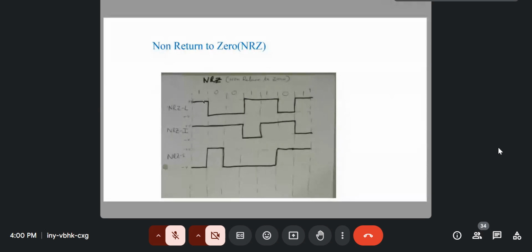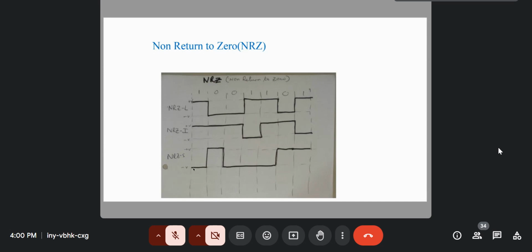We start the NRZ level with high, and this one we start with low. Here you're going by a level, but this transitioning type will start at one side. Normally this NRZ invert will start at positive and this will start at negative, and depending on what comes next, it is going to act accordingly.